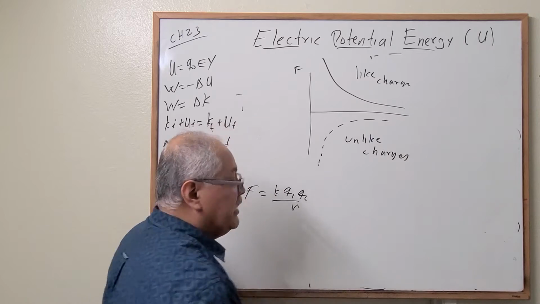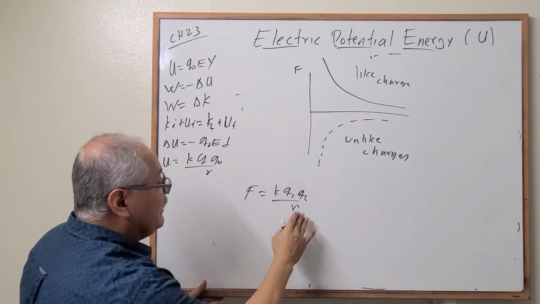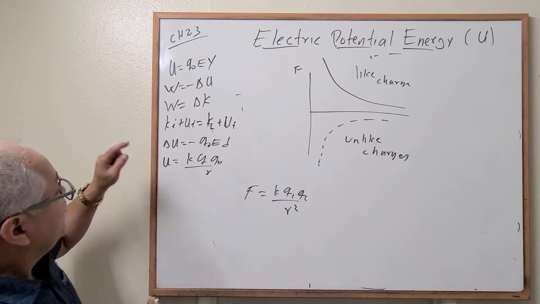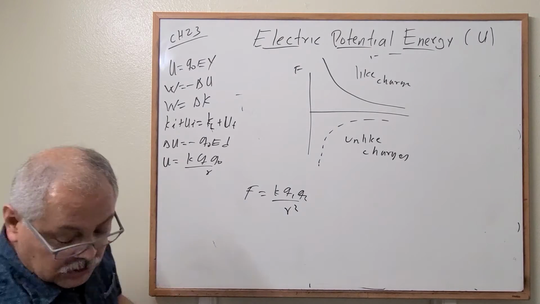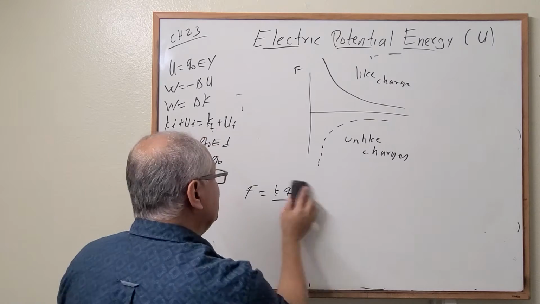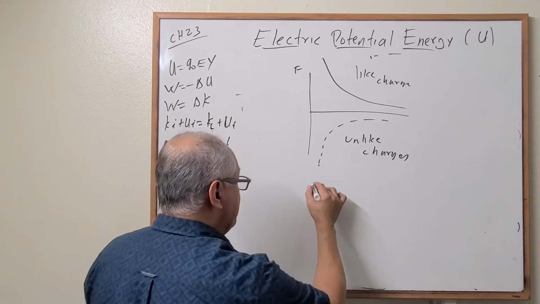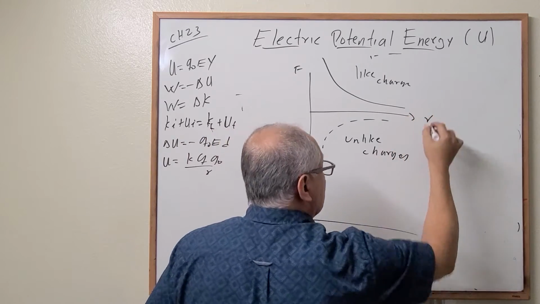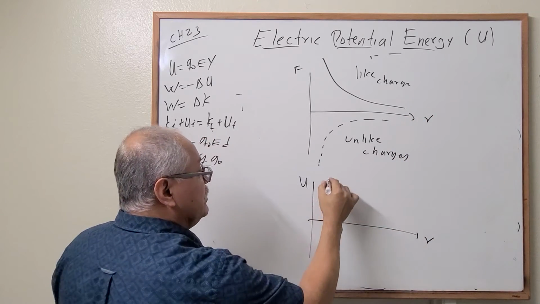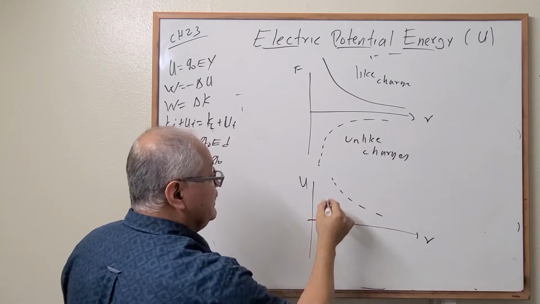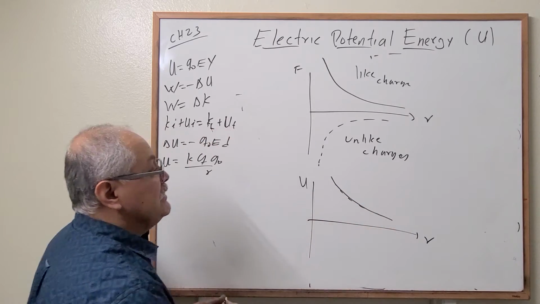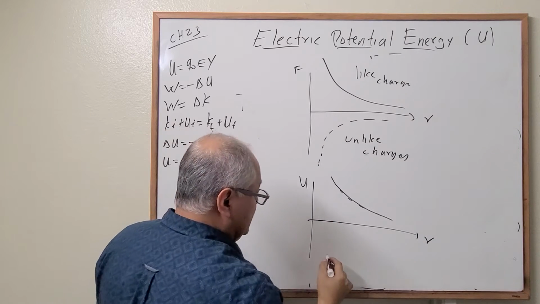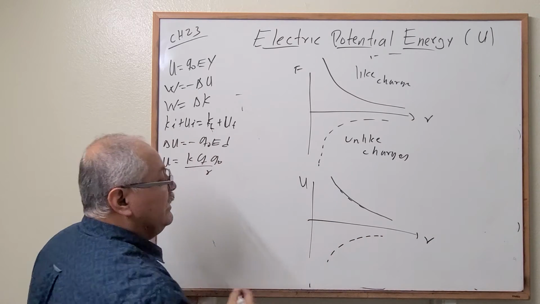What about for potential energy? Remember, force is proportional to 1 over r squared, and potential energy is proportional only to 1 over r. So they have about the same form. Now this electric potential energy, of course, is plotted against r. So in this case, it's going to be like that. It's going to be less steep, like this, and the other one is going to be like that.